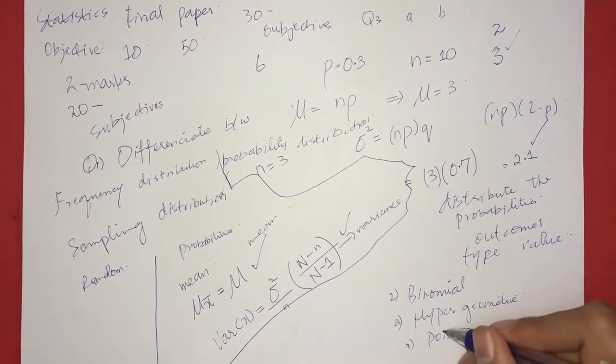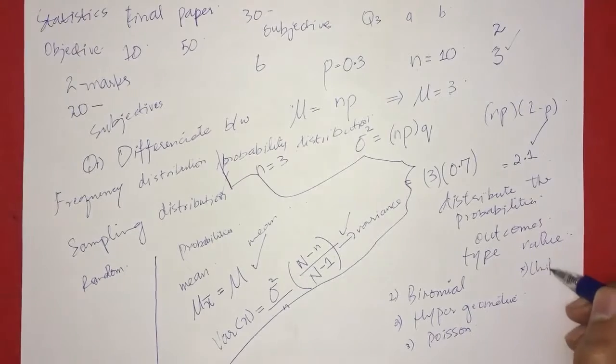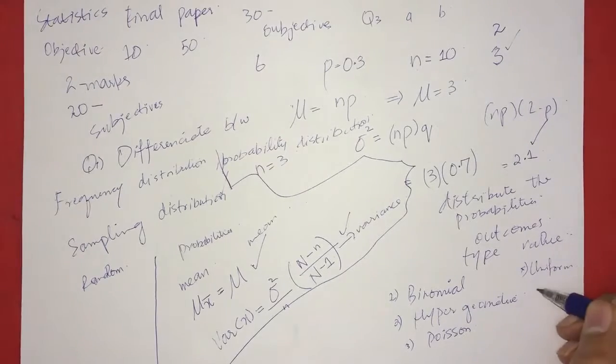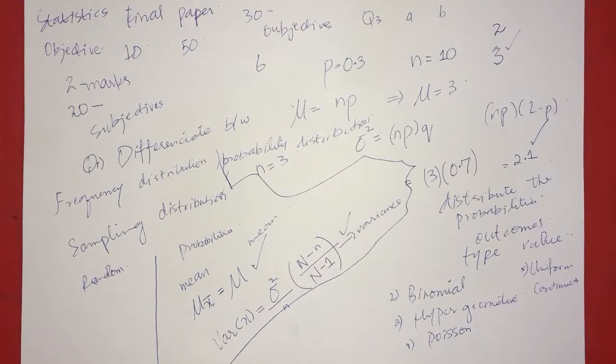When you come across a continuous random variable, you have the uniform distribution. So depending on the type of the variable and the value of the variable, you have different probability distributions for different types of random variables.